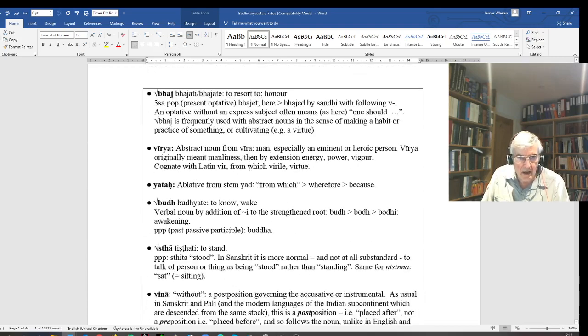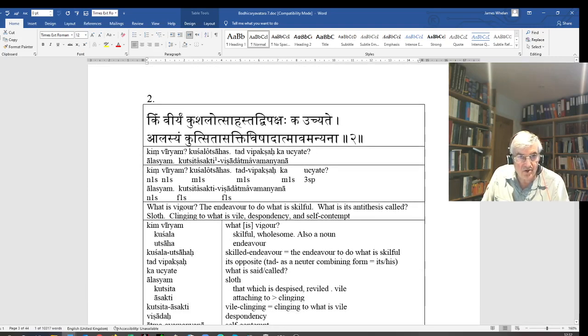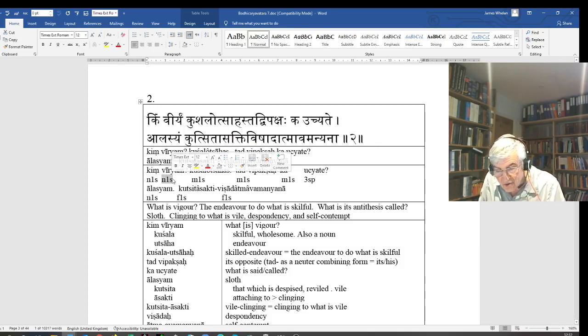Look down now to verse 2, kim viryam, exactly the same word, but this time it's in the nominative. And that's why I've noted it here as N1S, not N2S.